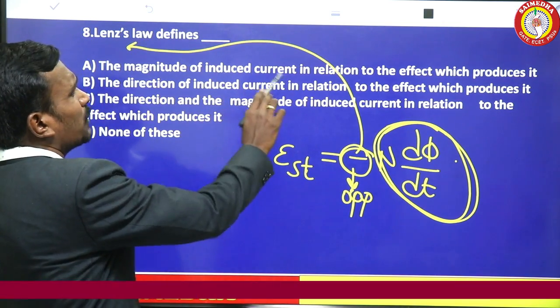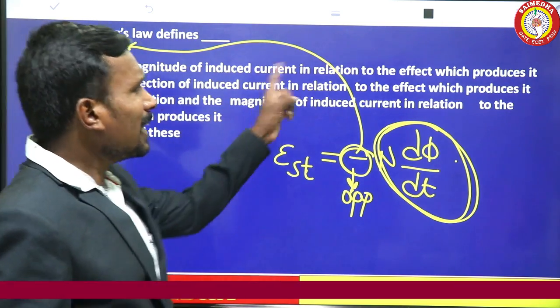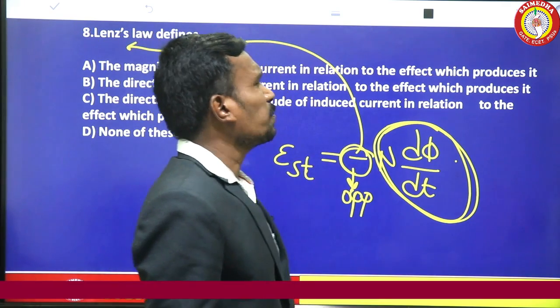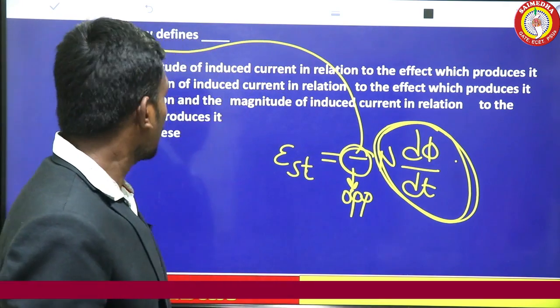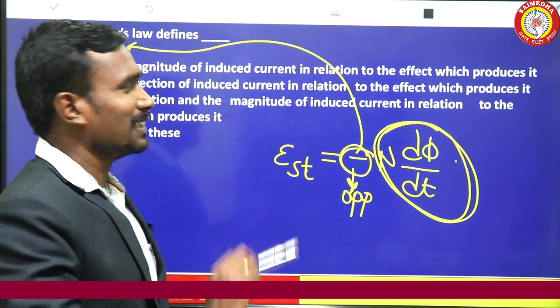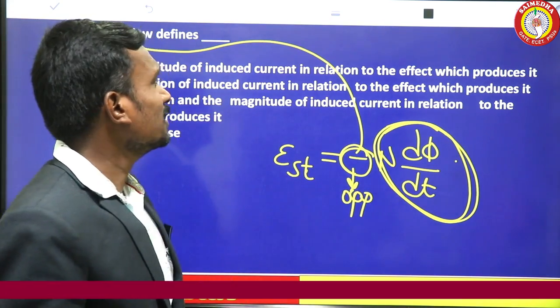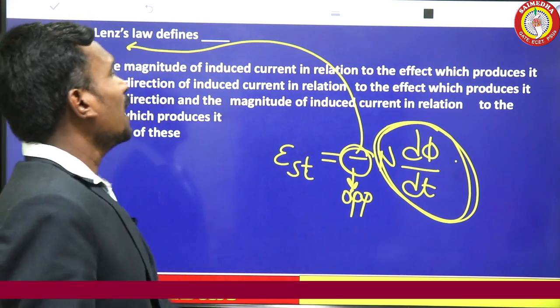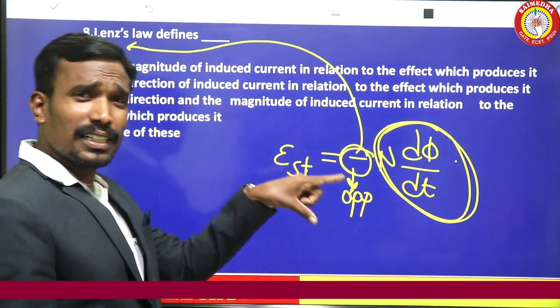Which of the following is the correct answer? The magnitude of induced current in relation to the effect which produced it? Next one, the direction of induced current in relation to the effect which produced it.